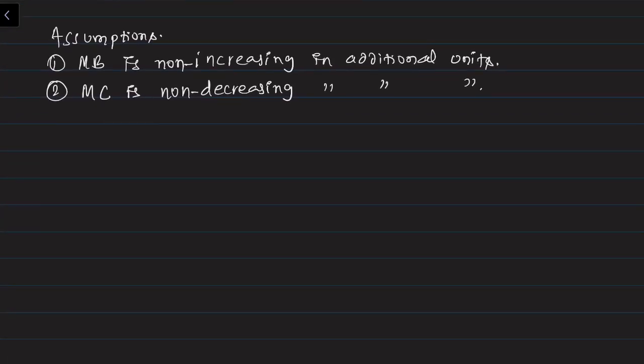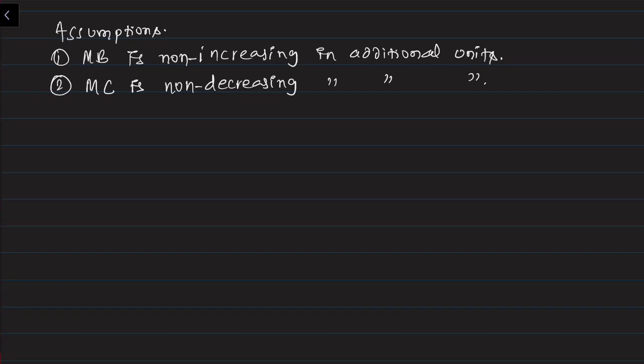Now, so far we talked about quantities which vary in integers. But what about goods or activities which are perfectly divisible?